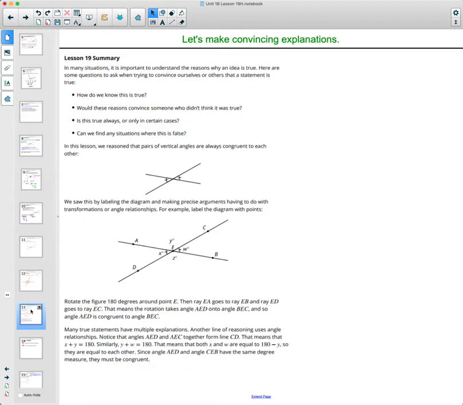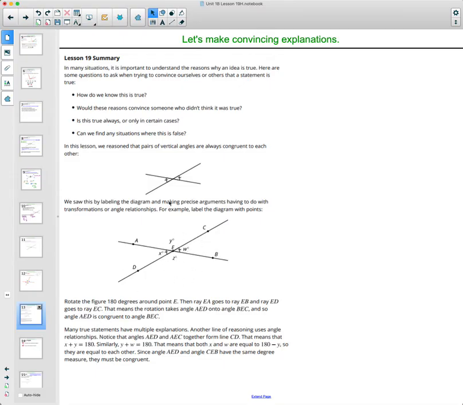All right, so we looked at a couple different things and we came up with some ideas. And then we came up with reasons or justifications as to why those observations were true. We looked at having convincing arguments and ways that we can prove that it's true or false, and looked at actually proving the relationship of vertical angles.